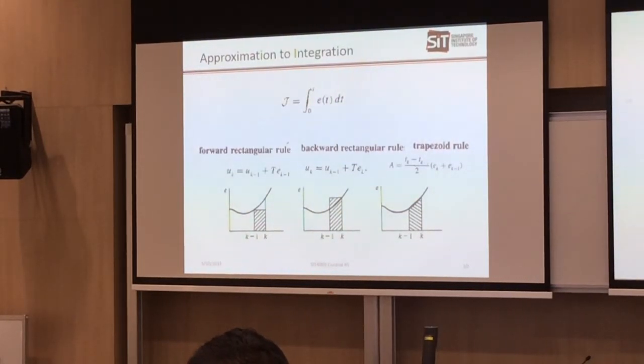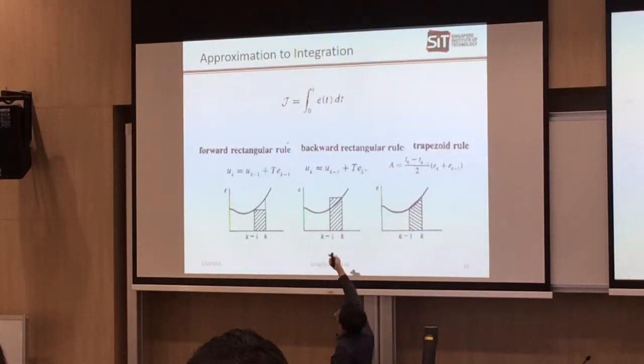So similarly for the integration, they also have similar rules. We discuss them as forward rectangular, backward rectangular, and they can also take something in between that we call the trapezoid. So there are 3 ways to approximate the integration.